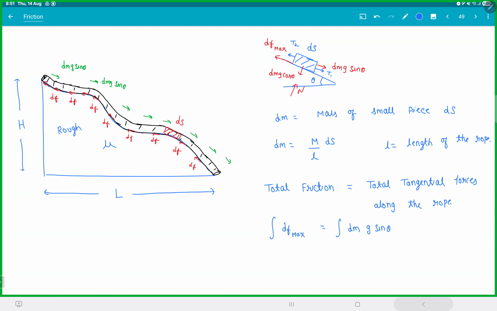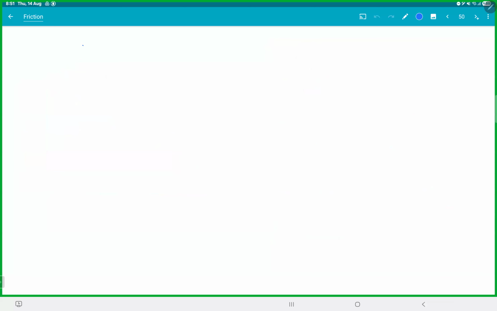So once you got that, df max will be dmg sine theta. Remember, theta is variable. So what is df max? Df max is nothing but friction, mu into dn. But what is dn? Dn is nothing but dmg cos theta. So this will be mu dmg cos theta.